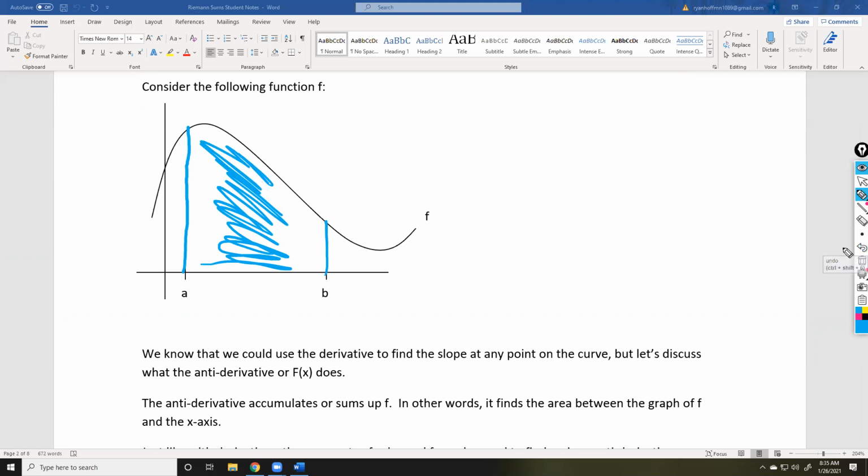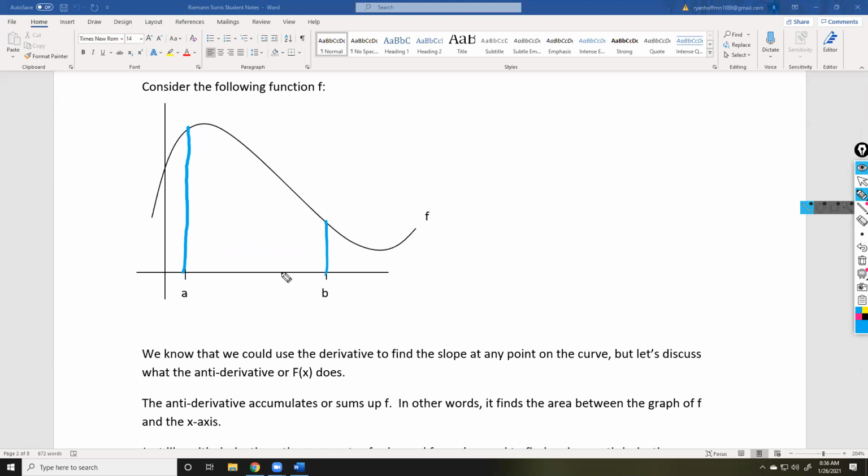And so the easiest way to do this, we talked about how when we were approximating a derivative, we were doing it in terms of slope. And we used a slope formula that we already knew how to do. And so if we're trying to find an area here, well, we don't know how to find the area underneath our curve.